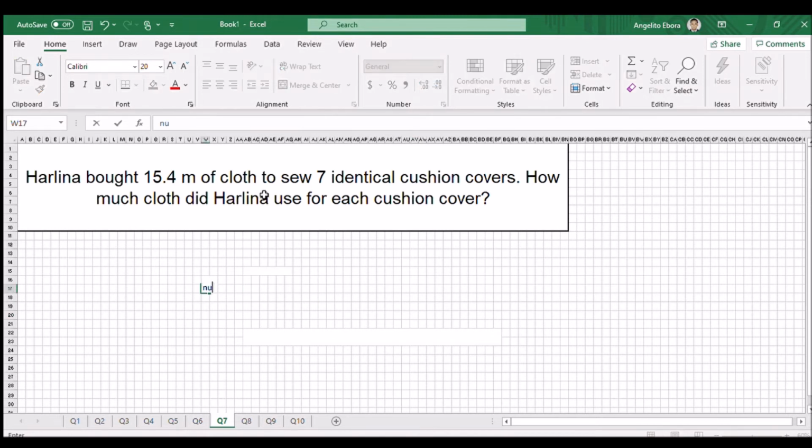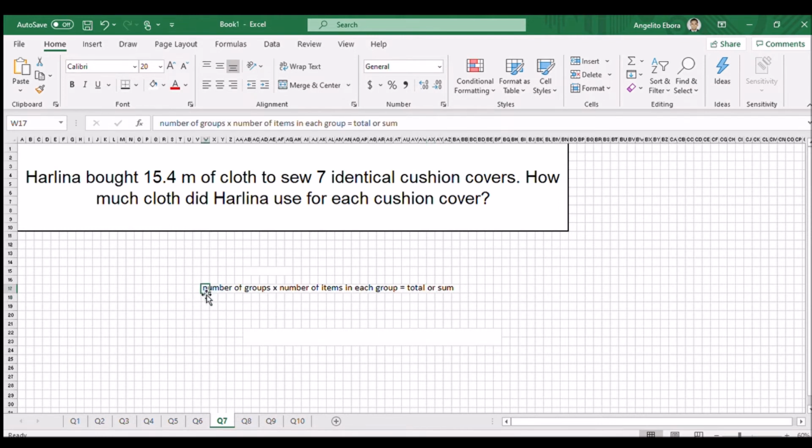Number of groups times number of items in each group is equal to total, or sum, or all together. In this case, we have the total, which is 15.4. In the question, how much cloth did Harlina use for each cushion, the word each is here.